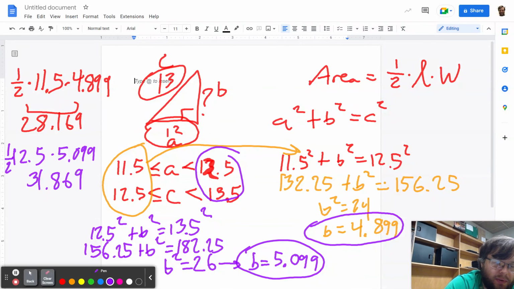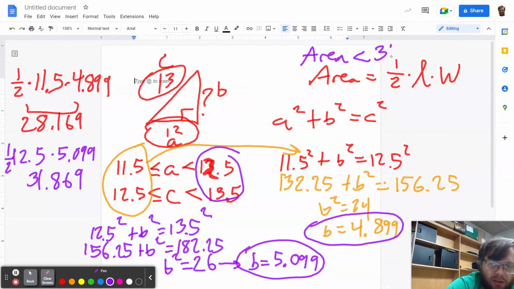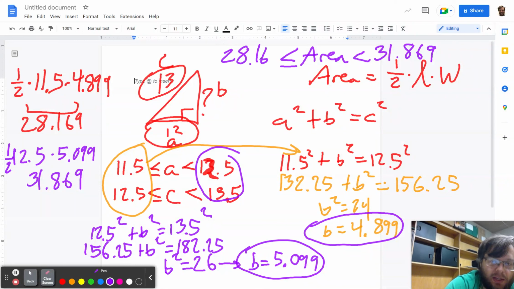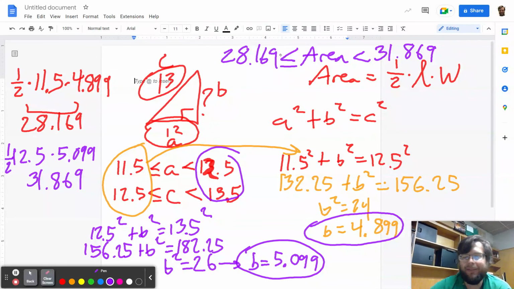And so then I can finally finish the problem and say that my area is smaller than 31.869, but bigger than or equal to 28.169.